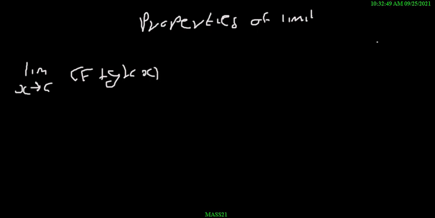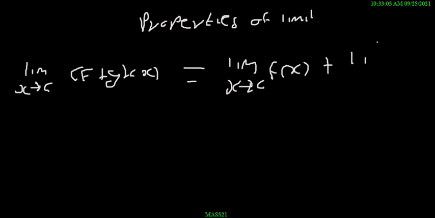So for this situation, the limit will be equal to the limit of f(x) alone plus the limit of g(x) alone. So you find the limit of f(x) and you find the limit of g(x), then you add them, and that will be your limit.